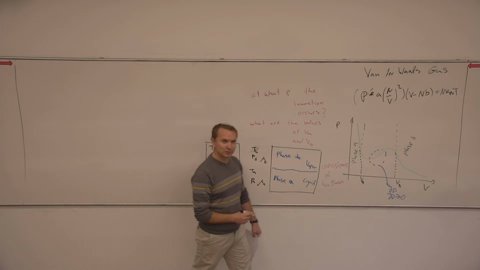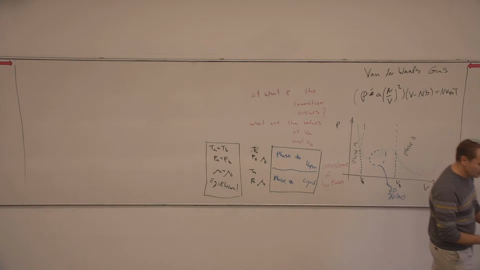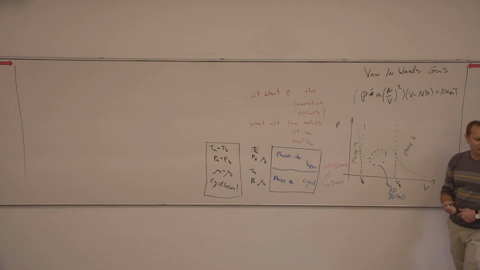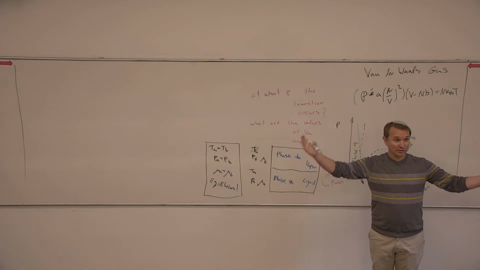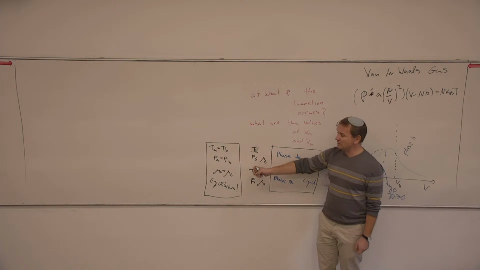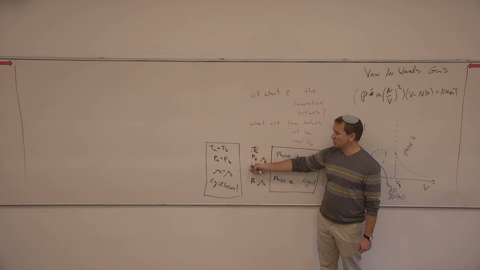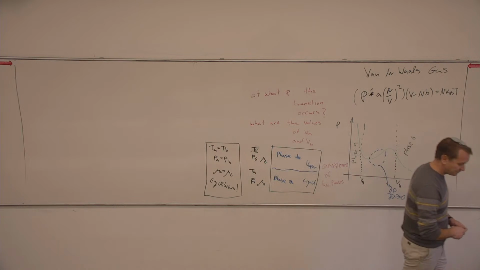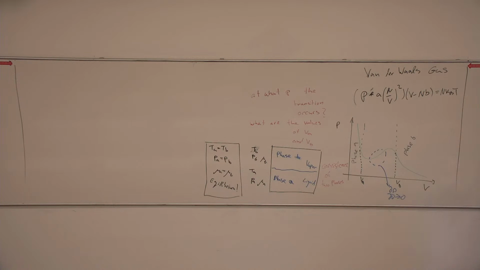Remember, in equilibrium, there are no currents. Therefore, the generalized forces are equal all over the system. What are those generalized forces? The intensive parameters: temperature, pressure, chemical potential. Great.